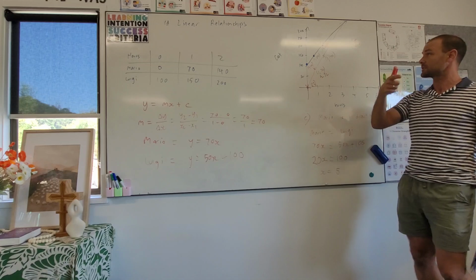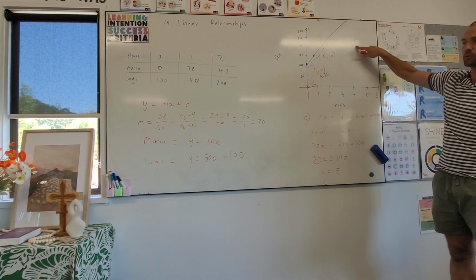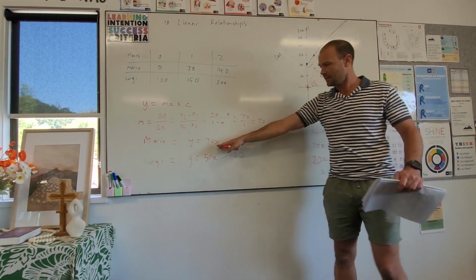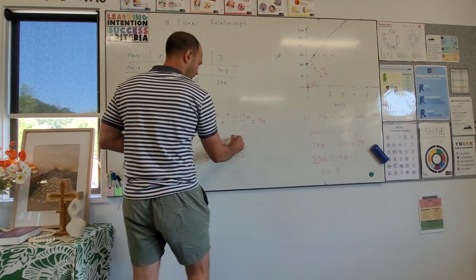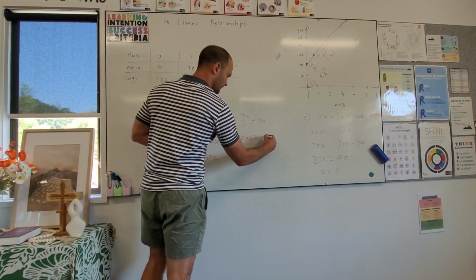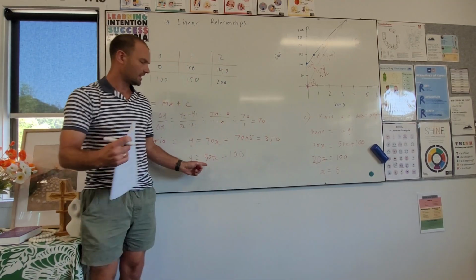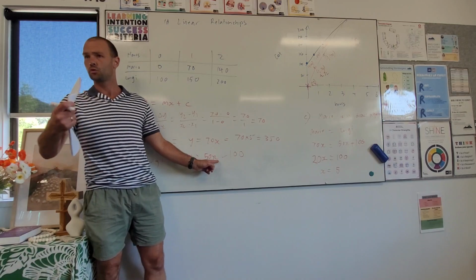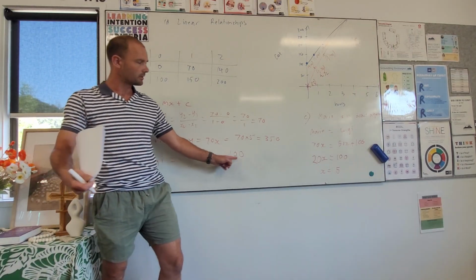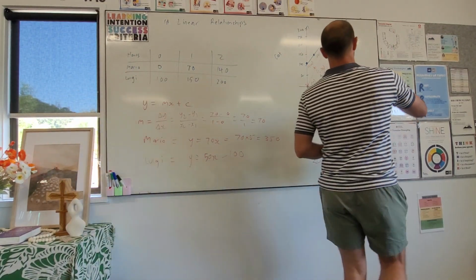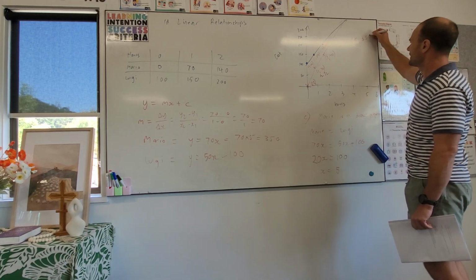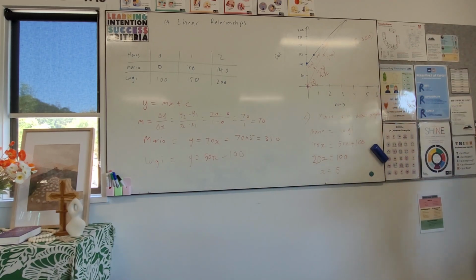If I put it in here, 70 times 5 is 350. If I put it in here, 50 times 5 is 250, plus 100, 350. So the y value where they meet is 350. The x value is 5.